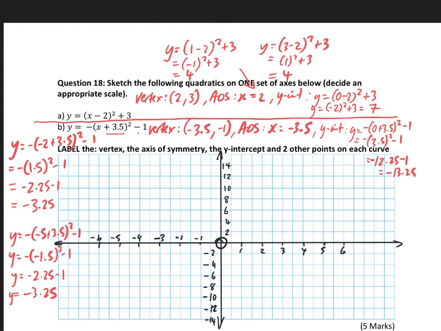Okay, let's draw the first one. Vertex is at 2, 3. I'm going to label it. Axis of symmetry is x is equal to 2.